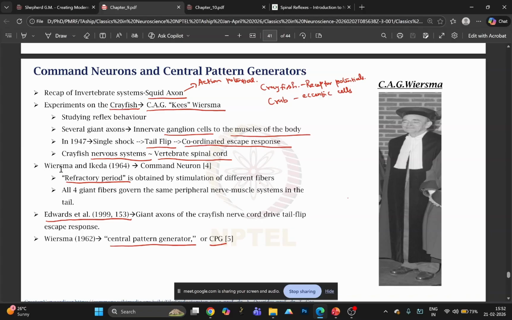So he came up with the idea that if those command neurons are activated, they will command the circuits to give rise to a single behavioral output.